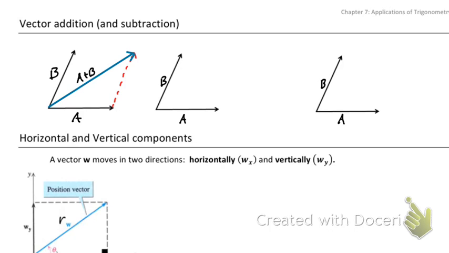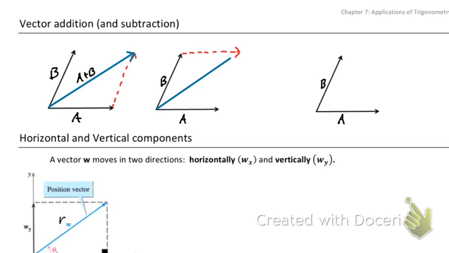And the next one I'm going to do B plus A. If you can kind of picture that in your head, you're going to see that's going to be the exact same vector. It's just going to be a different route of getting there, because this one's B plus A. So we're going to go to the tip of B, and we're going to do a vector A right there.